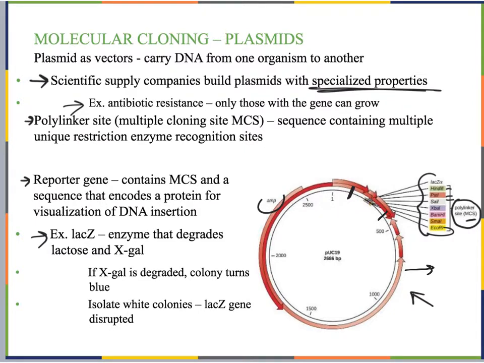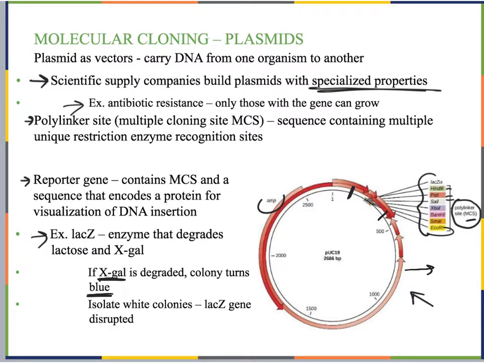If it contains LacZ, then it can degrade lactose and X-gal. So if we take this plasmid as is, put it into a bacteria, and plate that bacteria on an agar plate that contains X-gal, it will degrade X-gal because it has the LacZ gene, and when it does that, it actually turns the colony blue. So the bacteria on the plate look blue.